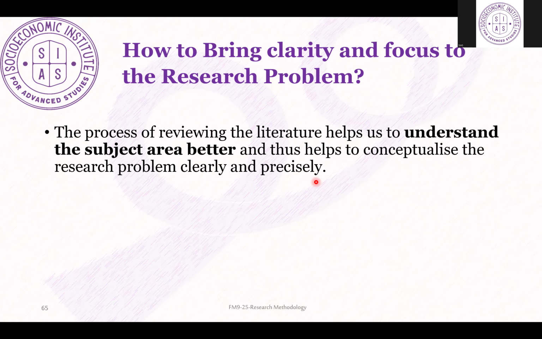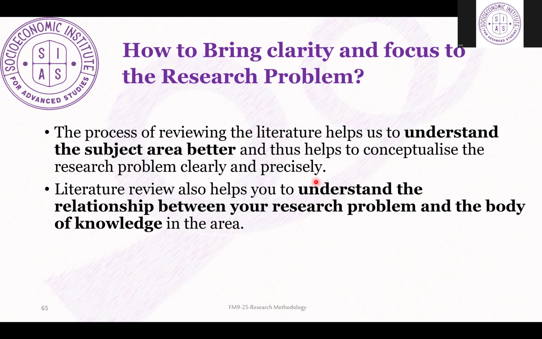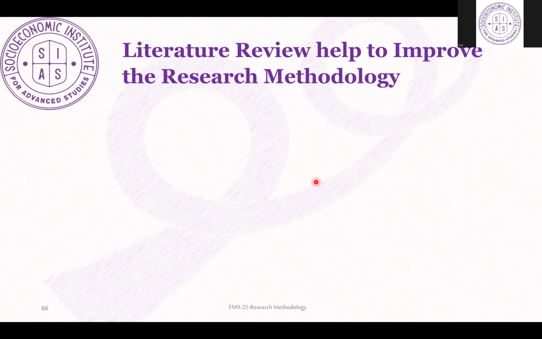We are supposed to go to the community and do our field research that will help us to address the gap in the literature review. So the literature review will help us to understand the relationship between our research problem and the body of knowledge that we are talking about.